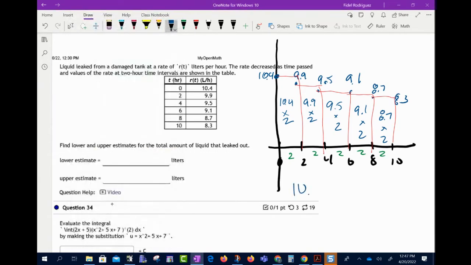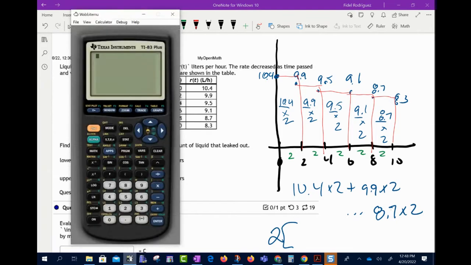So look, if I'm adding these numbers all the way down to 8.7 times 2, couldn't I really factor out a 2 and then I'm just adding each of those numbers together, right? Guys, it's just a way to save yourself a little bit of time, right? But I mean, you can definitely do it the long way.